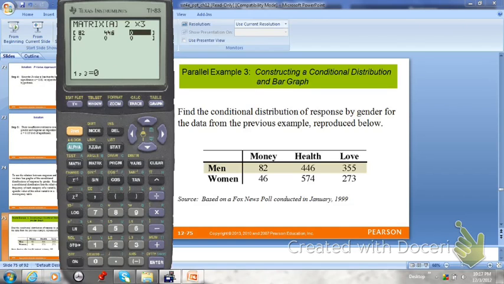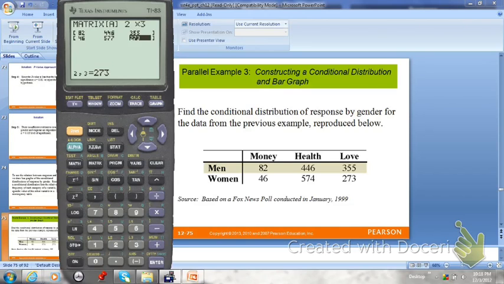And then 355. And then 46, and then 574, and then 273. So I put all that information in the calculator.